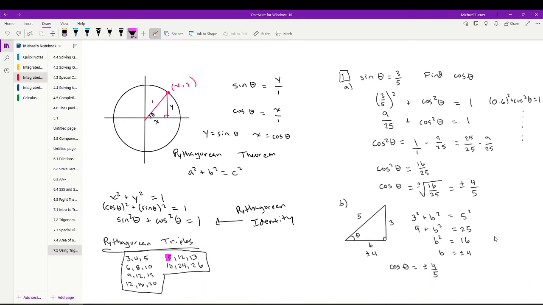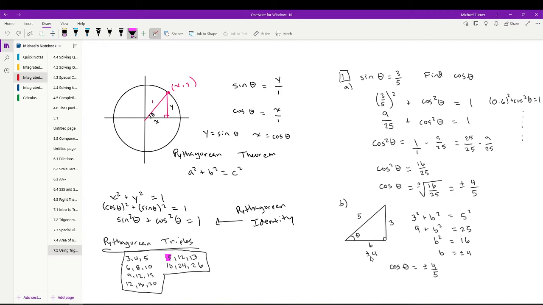So 3 squared is 9. 5 squared is 25. I'm going to subtract 9 from both sides. That gives me 16. And then take the square root, and we get plus or minus 4.